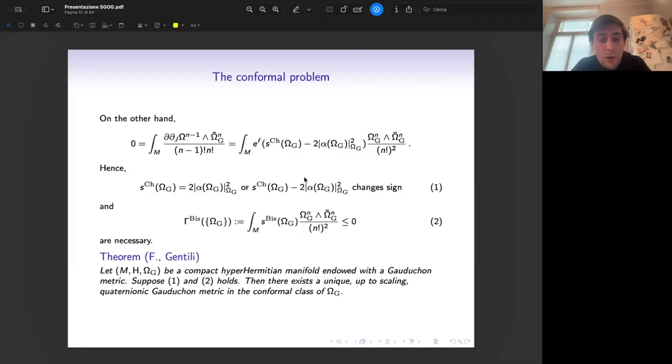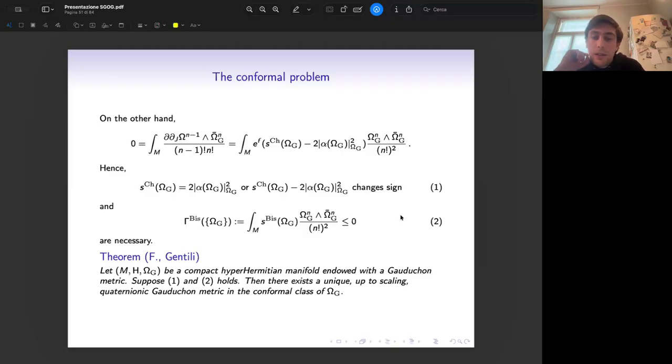So whenever we have a compact hyper-Hermitian manifold and a Gauduchon metric satisfying the two necessary conditions, then we can find in the same conformal class a quaternionic Gauduchon metric, which is unique up to scaling, as in the complex case.